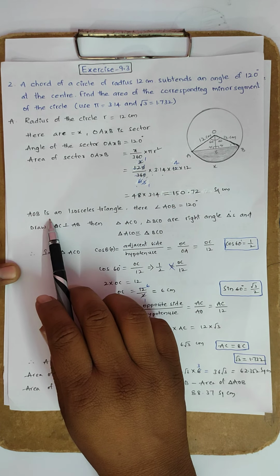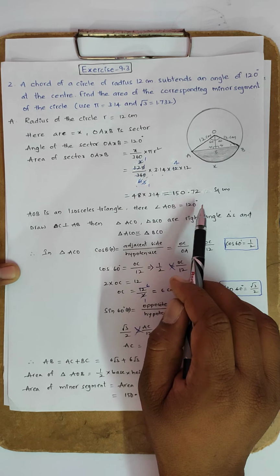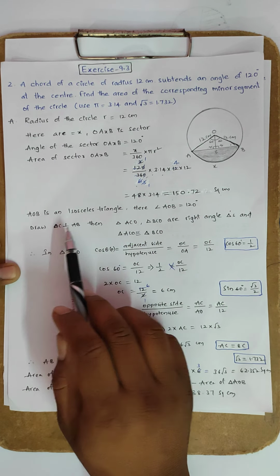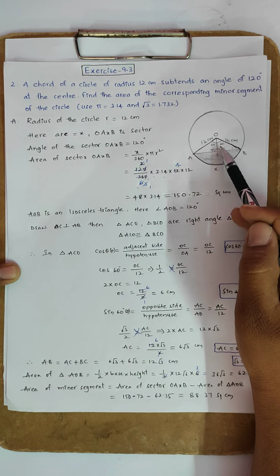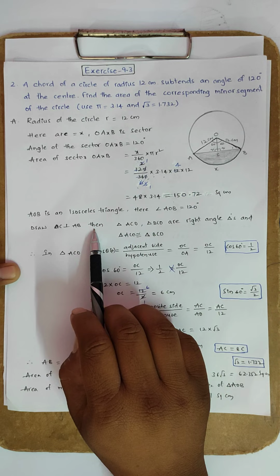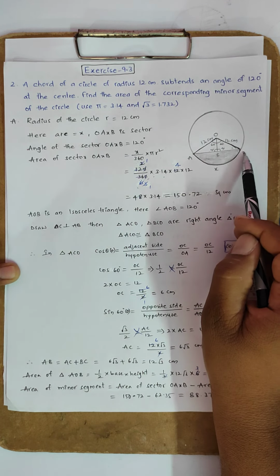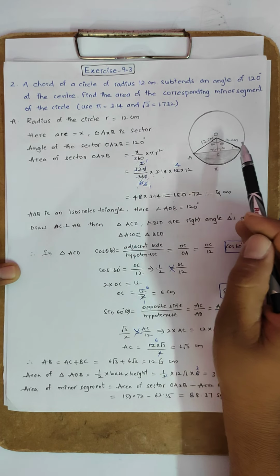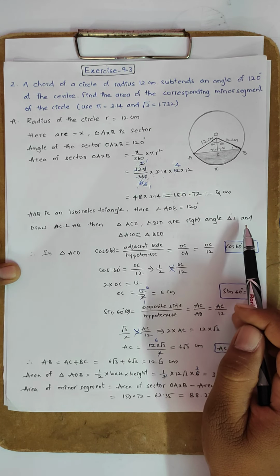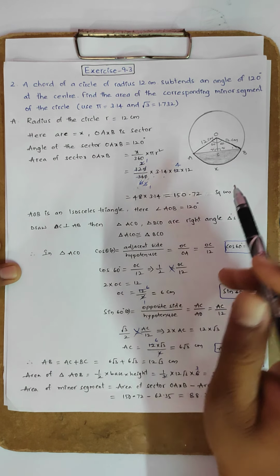Now AOB is an isosceles triangle. Here angle AOB is 120 degrees. Draw OC, one perpendicular line on the chord AB. Then triangles ACO and BCO are right angle triangles and these two triangles are congruent to each other.